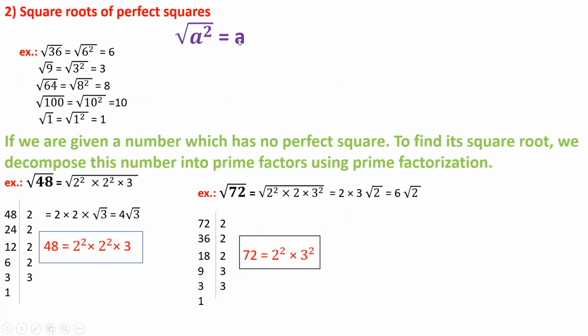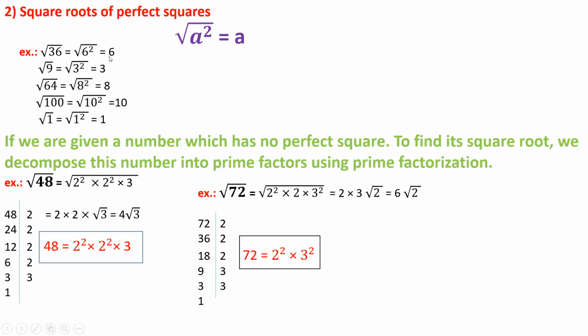For example, if I gave you radical 36, I know that 36 is 6 squared. So I write radical 6 squared. The square cancels the radical. My answer is 6. Radical 9: 9 is 3 squared, so the square cancels the radical. The answer is 3, and so on. These are the square roots of perfect squares.